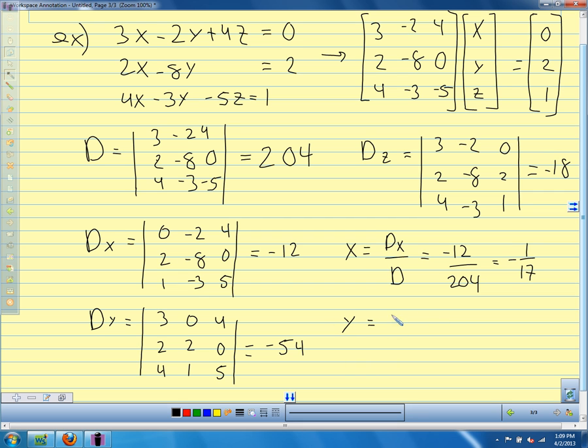Y is just d sub y over our determinant. D sub y is negative 54 over 204. And when I reduce that, I get negative 9/34.